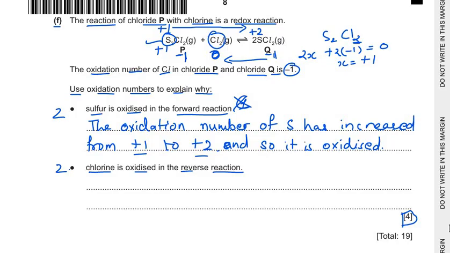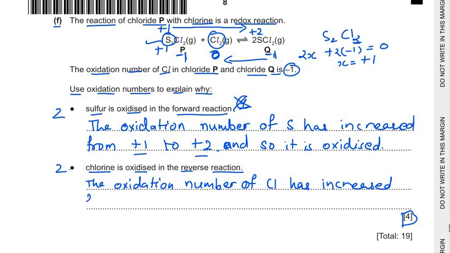So you can say that it is oxidized because the oxidation number of chlorine has also increased from -1 to 0, and so it is oxidized.